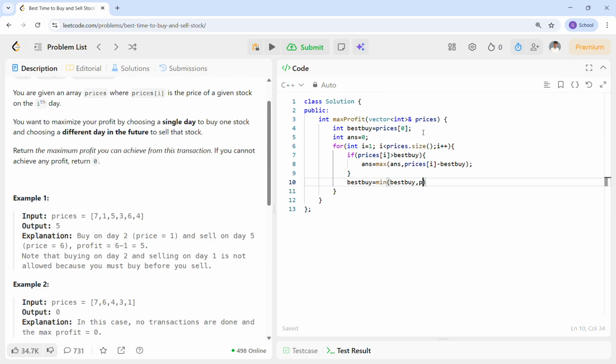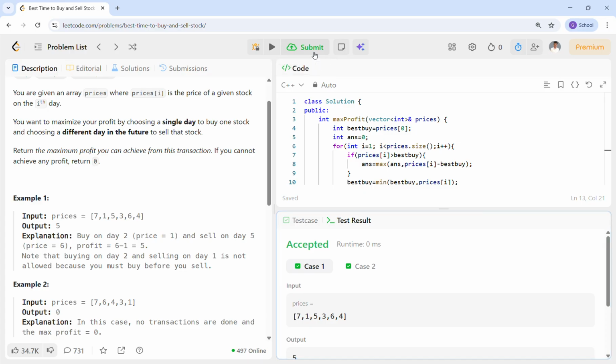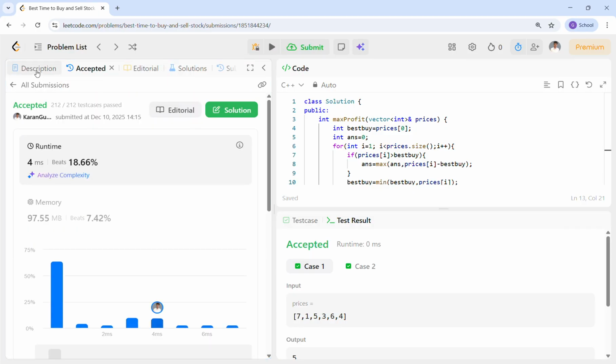So we just store that in best buy and simply return the answer. Let's submit. Yeah, it is passing all the test cases.